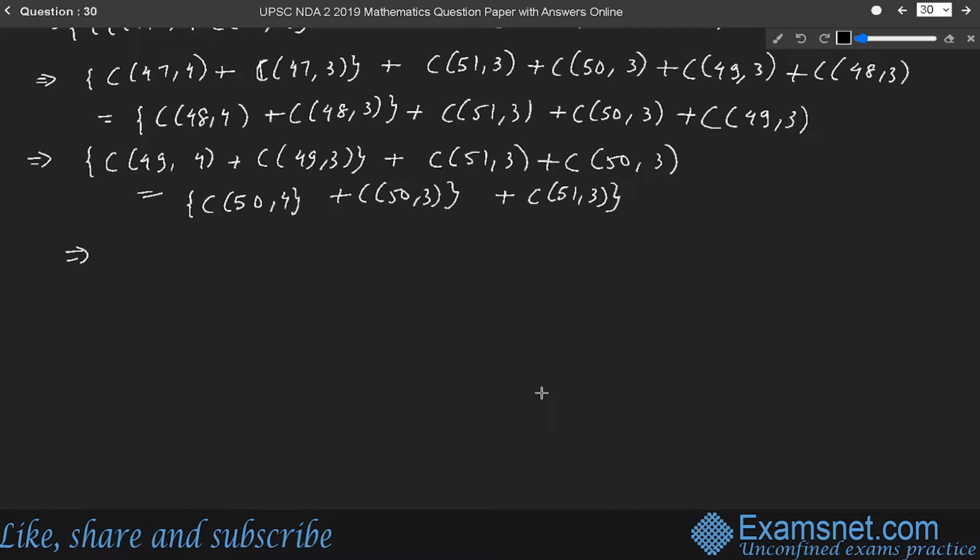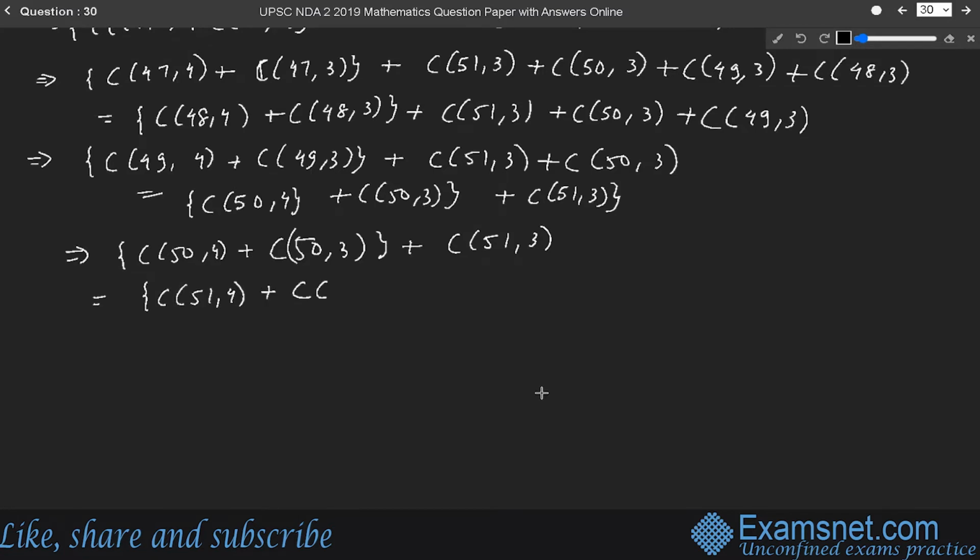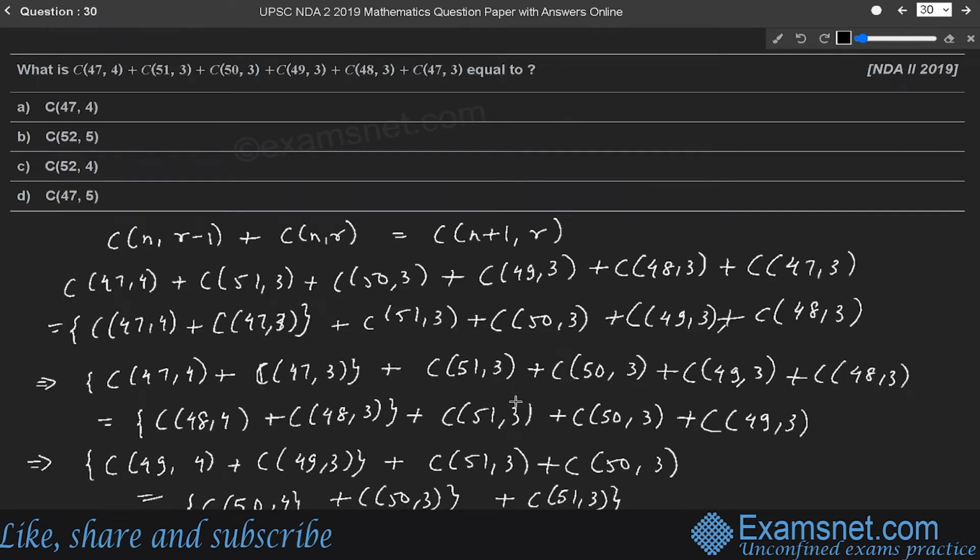Again, it will be equal to C(51,4) + C(51,3). Therefore, it will be equal to C(52,4). So we can say that the correct answer for this question is C(52,4), which is option number C here. I hope this question is clear to you.